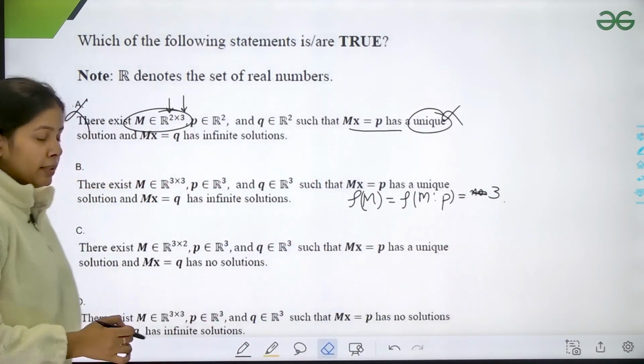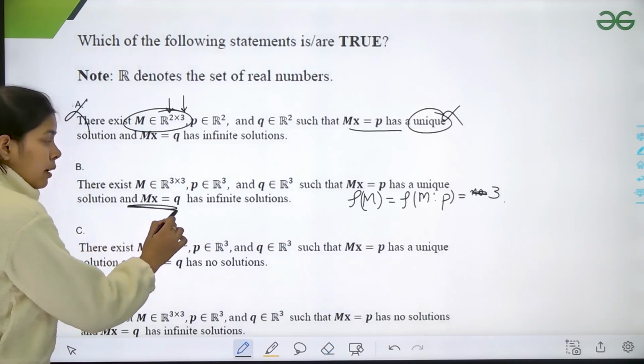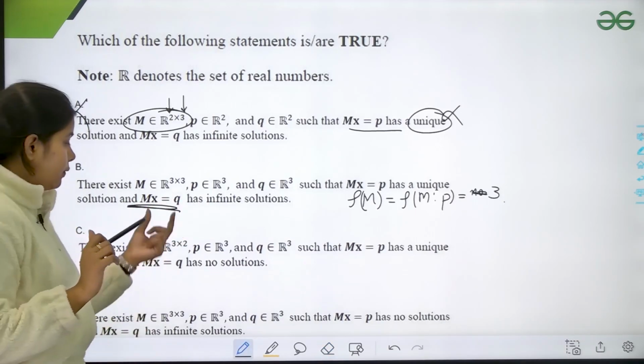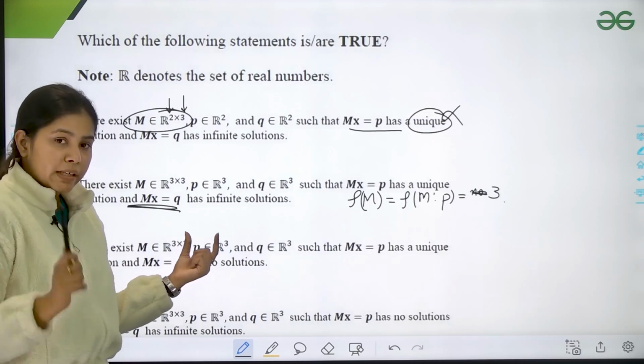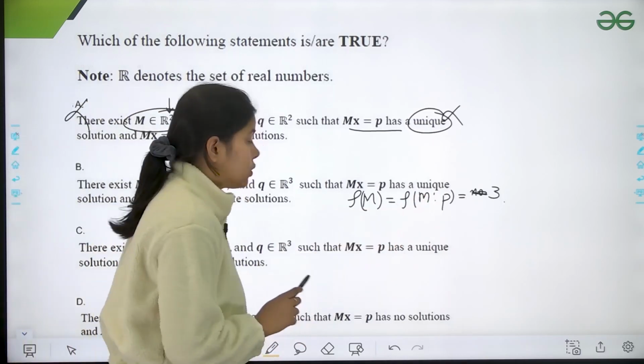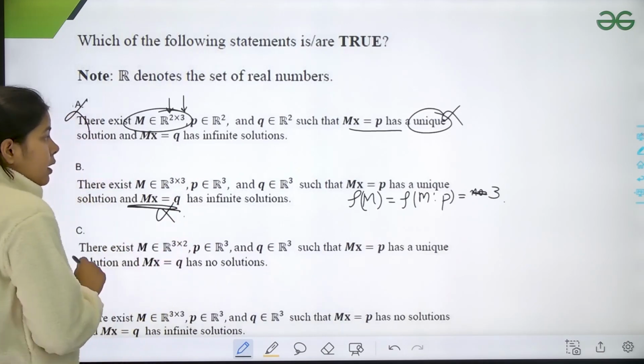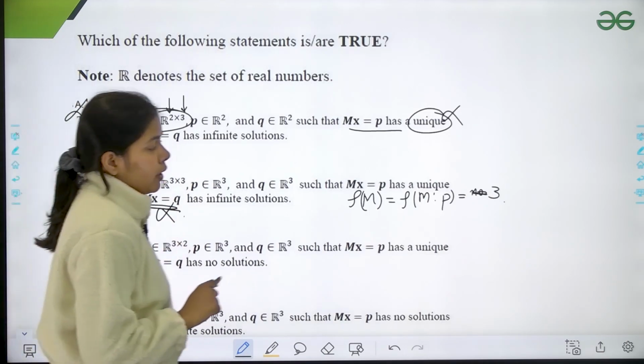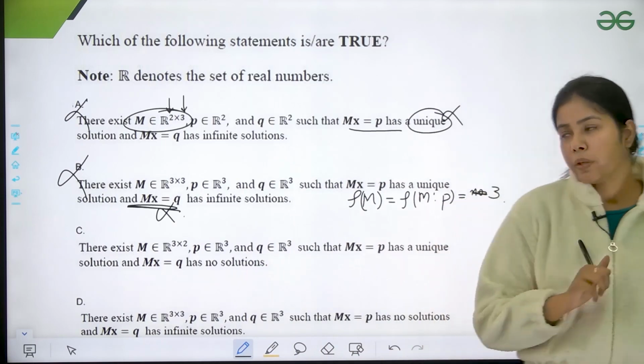So rank of M is 3 here. Infinite solutions occur when rank of M and rank of the augmented matrix are less than 3. But here rank of M is already 3. So in this case we do not have infinite solutions. So if it has a unique solution, B is also incorrect.